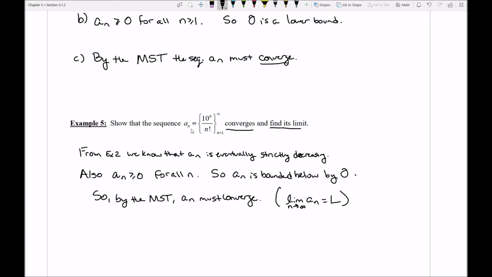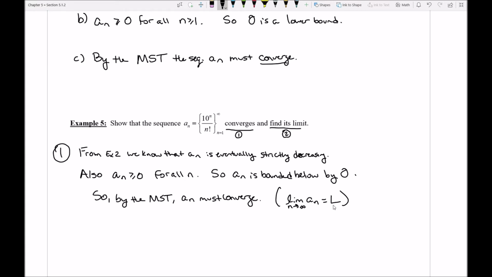But notice that computing this limit is very difficult because it involves these factorials, and how do you answer the question for a limit like that? I don't know. We don't just want to guess, we want to be certain. So by taking this two-step approach, we first found that the sequence converges. And now that we know it converges, we know it has a limit.